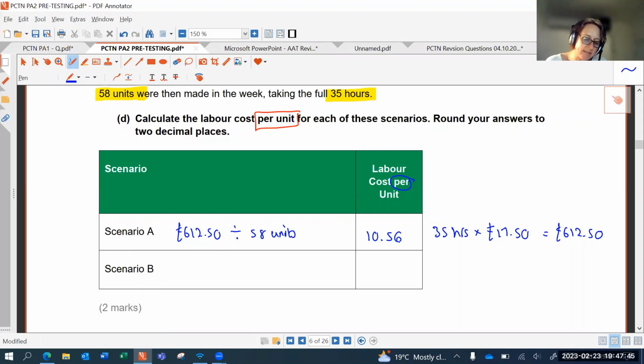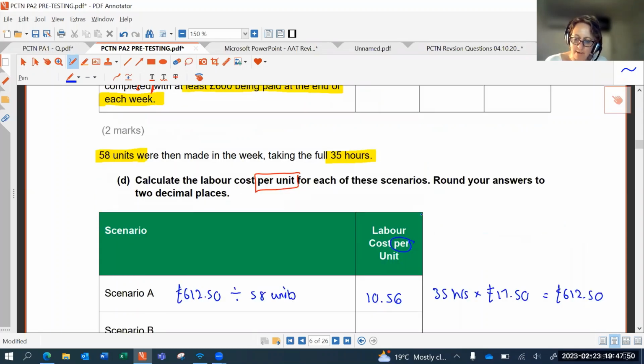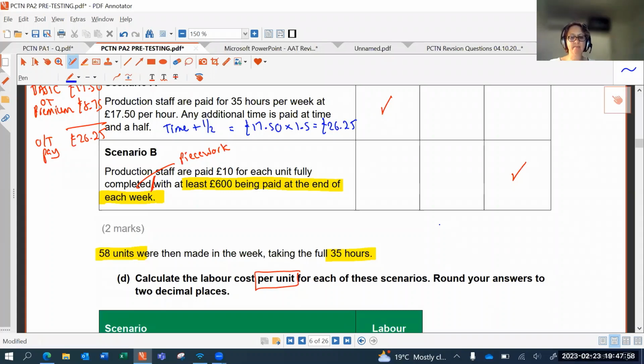And have a look at scenario B and tell me, what do you think the total pay will be? Should just put a little column heading there. So what the total pay might be for scenario B. They do 58 units, £10 for each, £600 guaranteed minimum. What are they going to get paid in total for scenario B?